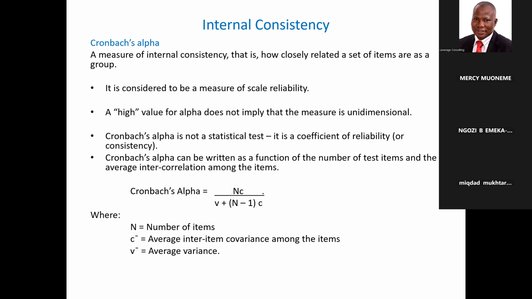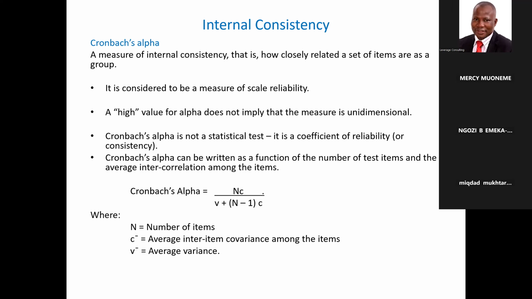So that's why Cronbach, a very intelligent fellow, did this: he picks one of those questions and correlates it with the sum of the rest. He picks each of them and correlates its score with the sum of the rest of the questions. At the end of the day, he has done it for all of them and then calculates the average.